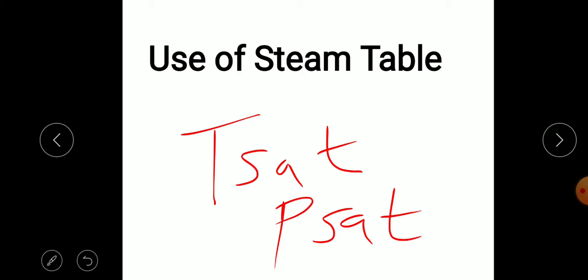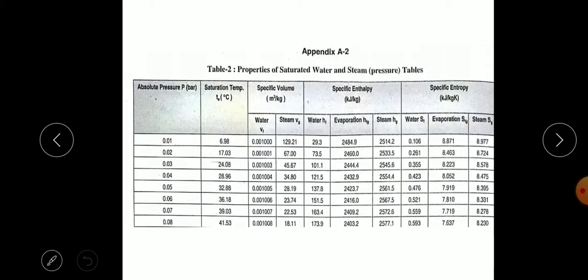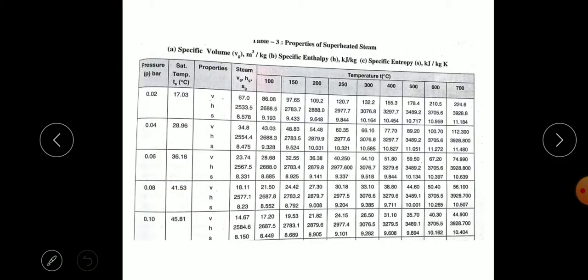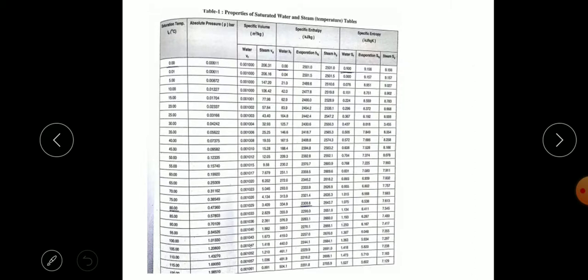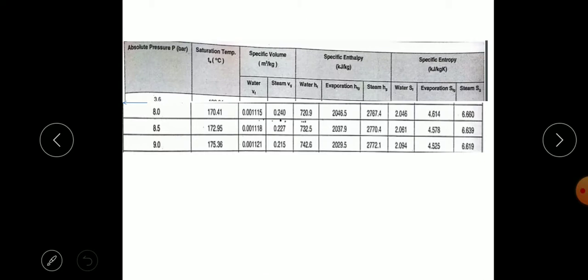As the pressure increases, the water will boil at a higher temperature. At 1 bar, water boils at 100 degree. At a higher pressure, water will boil at a higher temperature. We can see that at 8 bar the saturation temperature is 170, meaning water will boil at 170 degree centigrade.